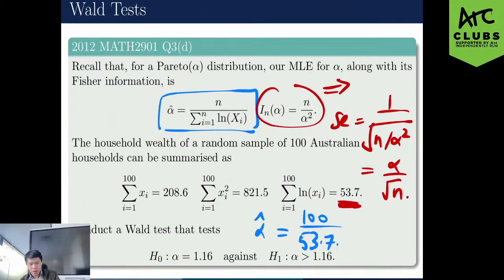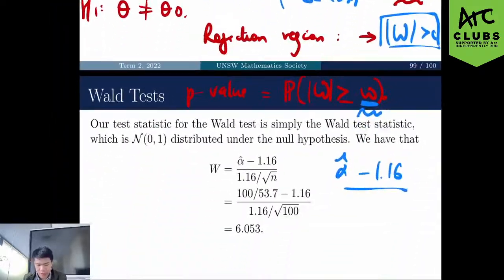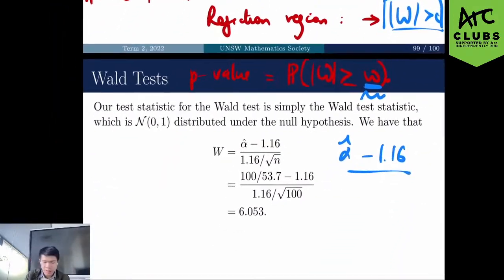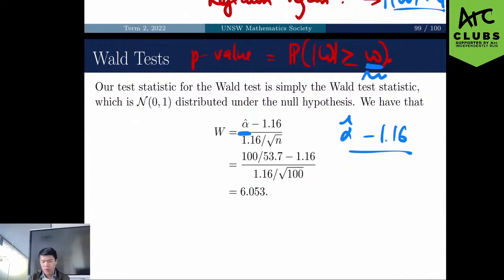So we take the estimator, minus the actual parameter value, and divide by 1.16 on root n, right? And that's our Wald statistic.